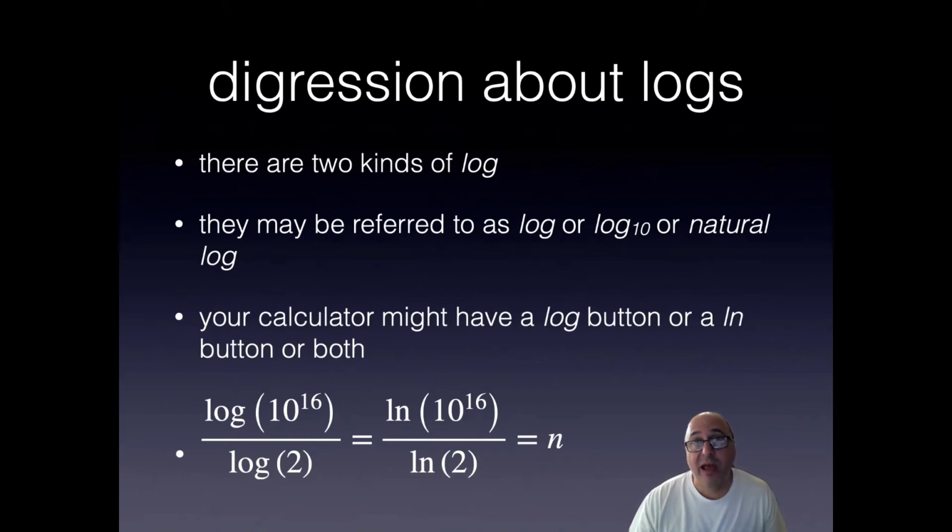It doesn't matter what kind of log you use, as long as you use the same log in the numerator that you do in the denominator. So if you do a log, L-O-G, in the numerator, then you have to do the same log in the denominator. If you do natural log in the numerator, you have to do natural log in the denominator. But it doesn't matter. You'll get the right answer in either case.